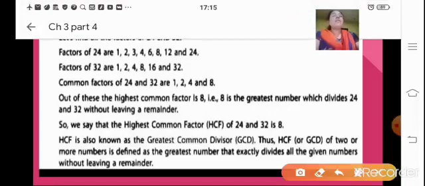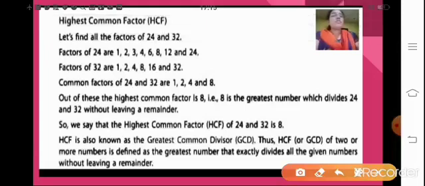Now from these two lists, the factors of 24 and the factors of 32, which are the common factors? The factors 1, 2, okay, and 4 and also the number 8. Now 1, 2, 4 and 8 are the common factors of 24 and 32.